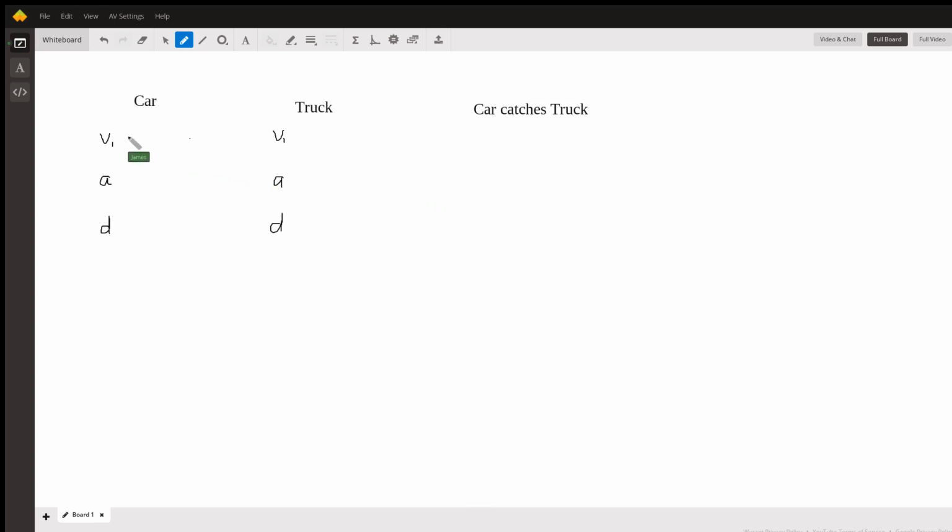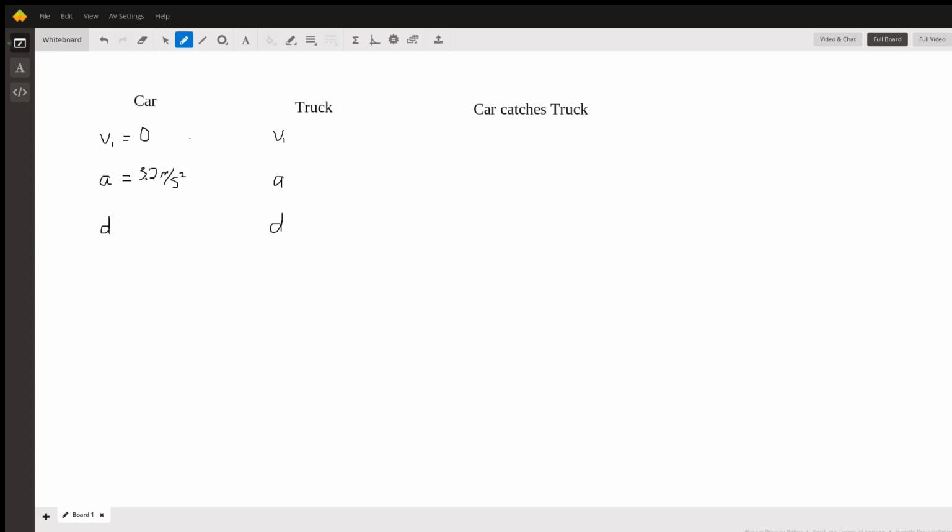Now, we're told the car has an initial speed of 0. It's sitting still when our problem begins, but the car does have an acceleration, 3.2 meters per second squared. So think back to the equations we have for determining distance traveled as a function of time.